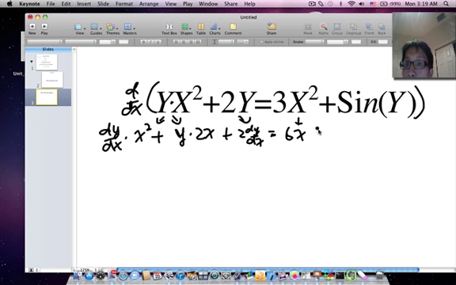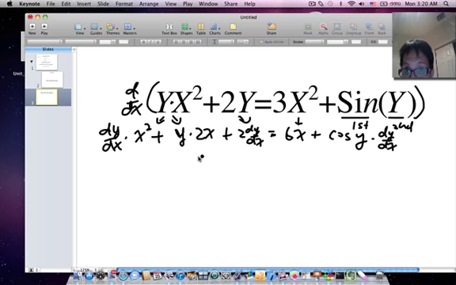Plus the derivative of the outside first, which is cosine, leaving y inside, and then the derivative of the inside, dy/dx.